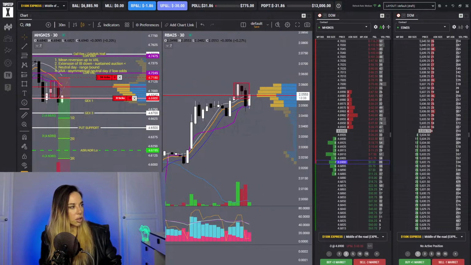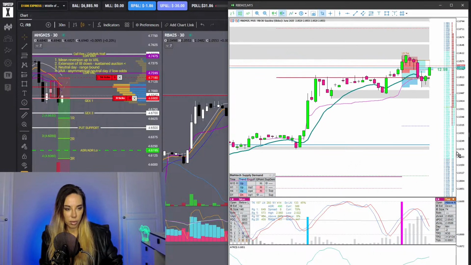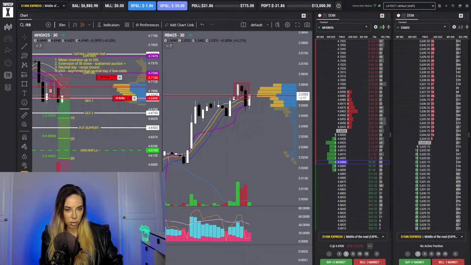So let me just have a look at my other platform. What do we have? I mean, we've opened pretty far from London value because of that big day. So mean reversion not on the cards, purely because we're so far away.